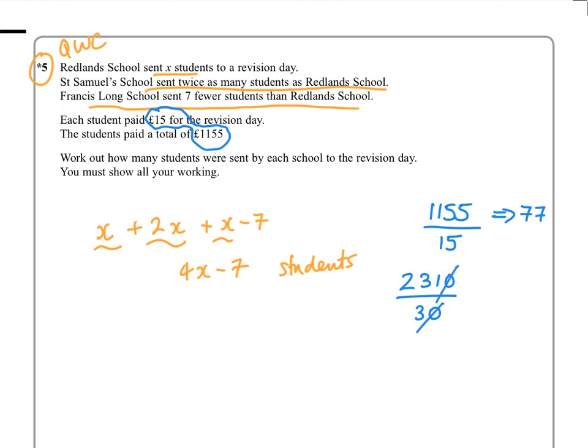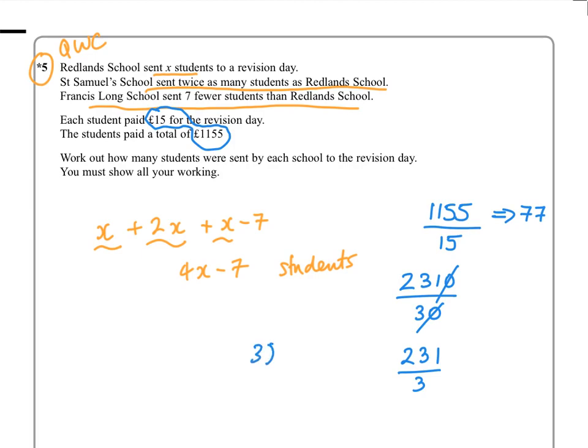Then I'm going to divide top and bottom by 10, so I'll have 231 divided by 3, and I know that 3 80s are 240, so I'm 9 short, and 3 3s are 9, so I'm going to have 80 with 3 taken off, which is 77.